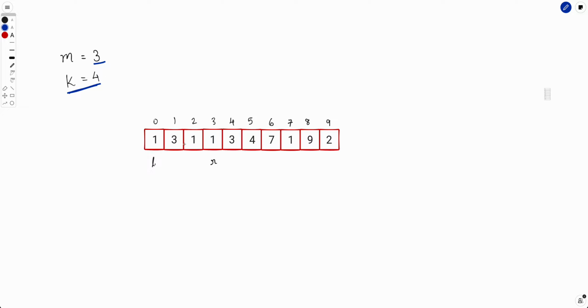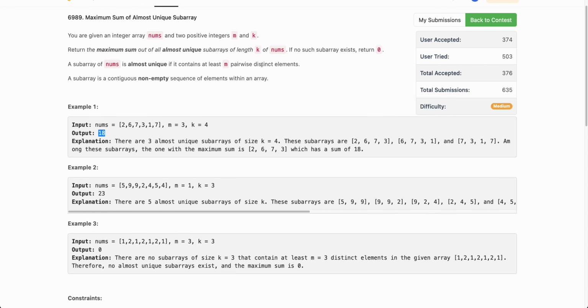So this is the first subarray, and then we can try out the same thing for the second subarray, and for the third subarray, and so on and so forth. So we will try this out for all the subarrays. Whichever is valid and gives us the maximum sum will be the answer, right? So that's the very brute force approach. We are just simulating whatever we are given in the problem statement.